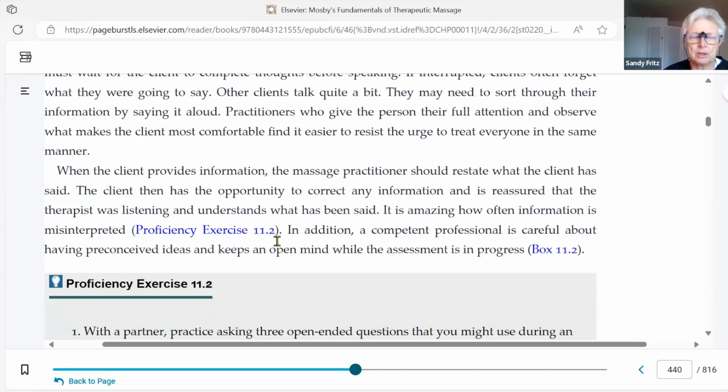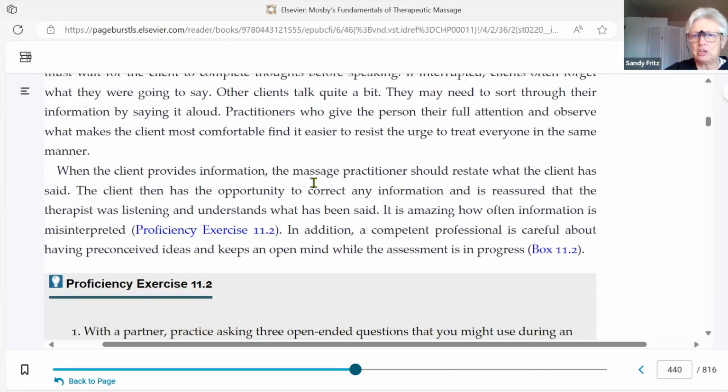So here are some suggestions on how you can establish that communication openness. Now, remember, the communication from your mouth and your gestures and your voice tone and your body language is about a client-centered approach to the client. Now, the client may not always do that.